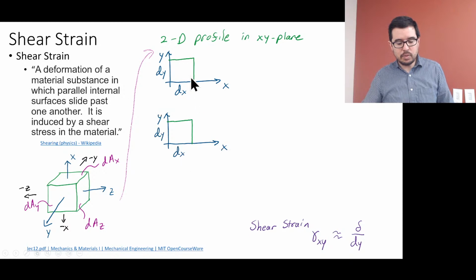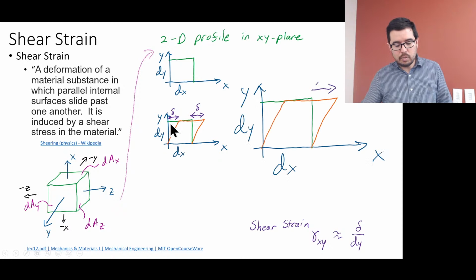If there's some type of traction vector or some type of stress applied there, we see that the box gets skewed into that shape. Then we defined shear strain in terms of how much it displaces in this direction and what the height is. So zooming in, that's what shear strain was. This is X, that's Y.